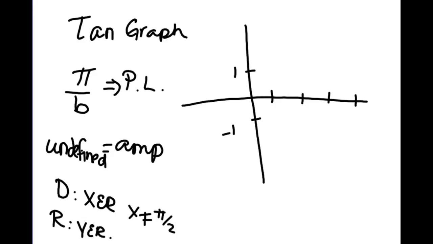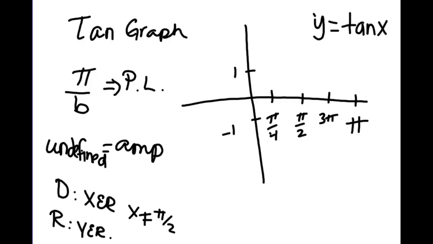We said the period length for a tan graph is pi over b. For the simplest tan graph there is no b, so b would be 1 and our period length is pi. So this is 1/4 of a pi, 1/2 a pi, 3/4 of a pi, and pi. Those are our 4 movements.